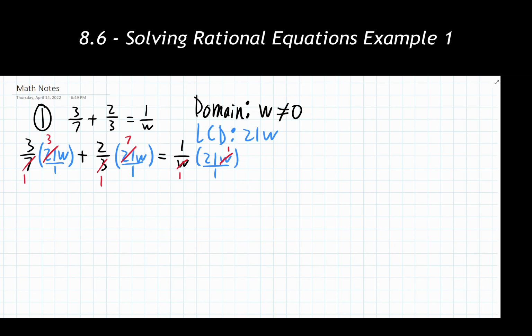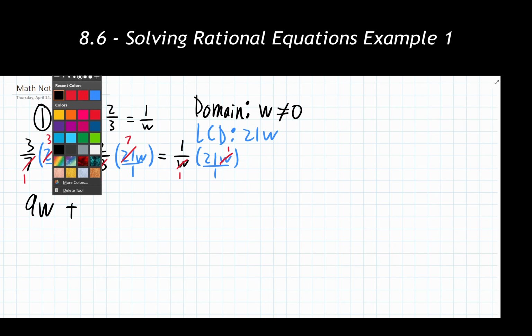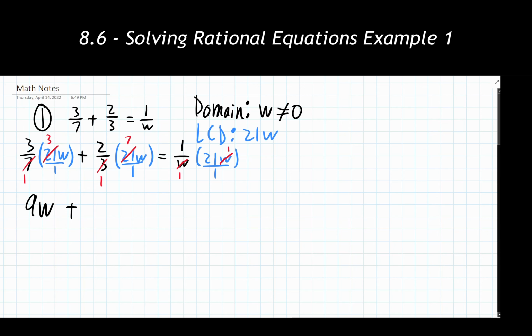Now again, the advantage of this, as we're noticing, is all of my denominators have just become 1. So now I can rewrite each of these things to instead be 9w, just multiplying things together here, plus 14w, these parts multiplying here, equals 21.